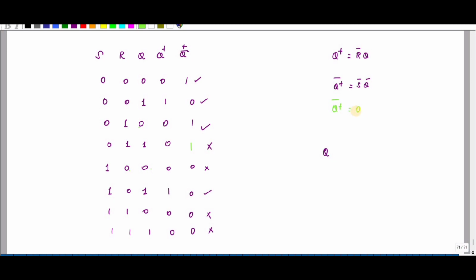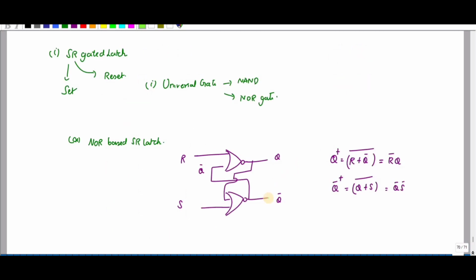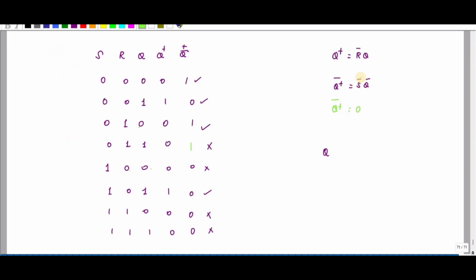So only this value goes here, right? So you can see, only this value goes to the next state, so it is 0 now. So if it is 0, this is 1 into R bar. R bar for this condition is 1. So my Q plus will go to 1.